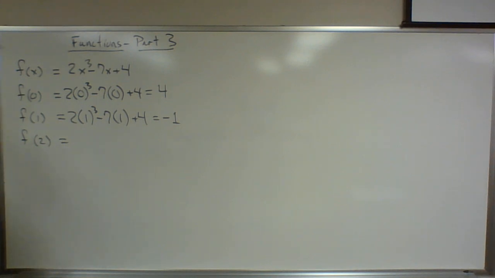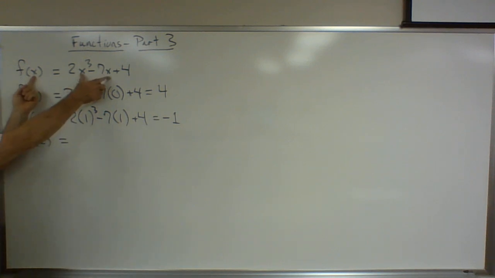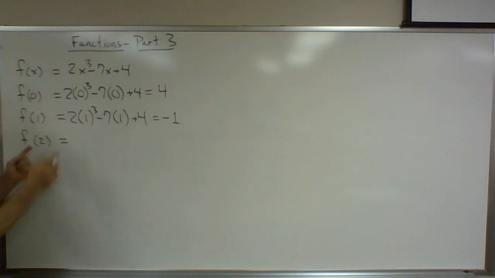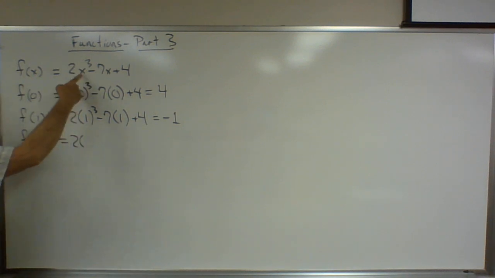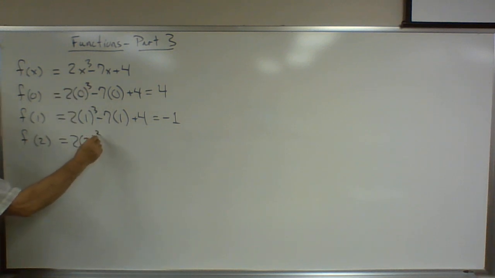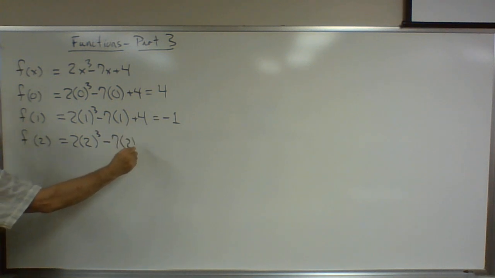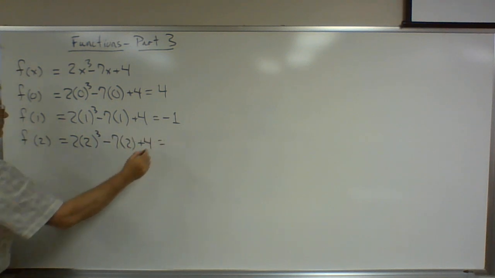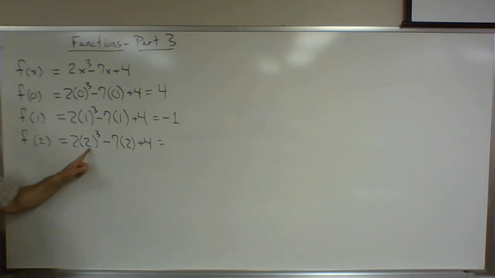Now let's do f evaluated at 2. 2 plays the role down here that x plays up here in our model. So every place that we see an x up here in our model, we'll put a 2 down here. 2 times 2 cubed minus 7 times 2 plus 4. 2 cubed is 8, times 2 is 16.